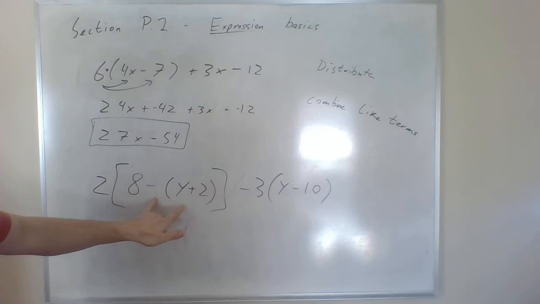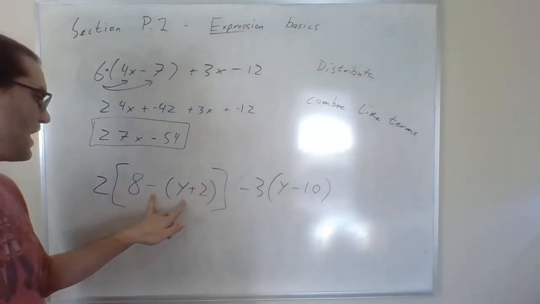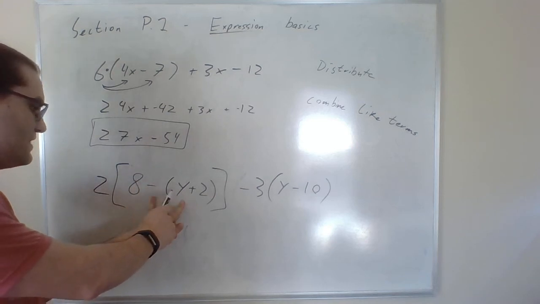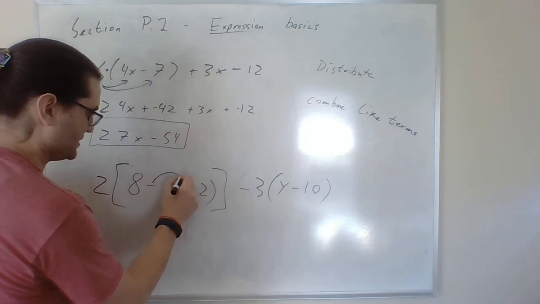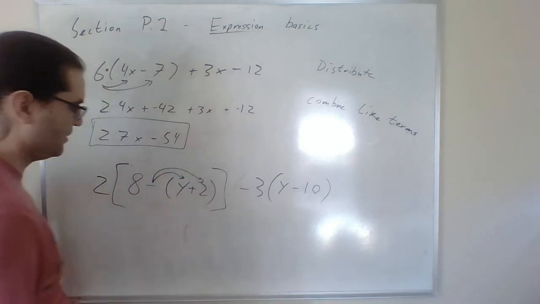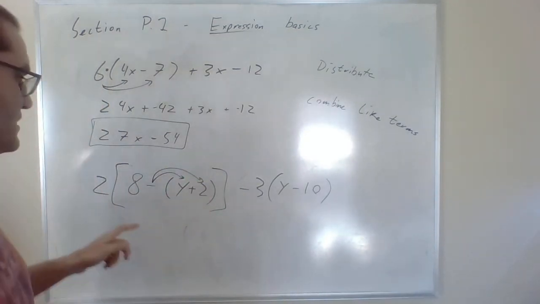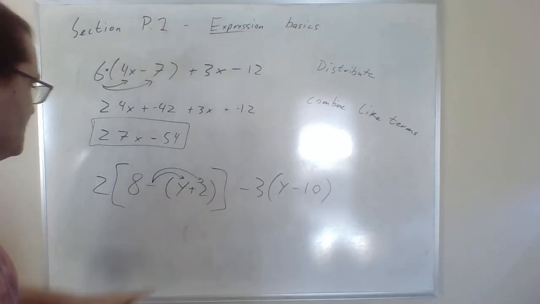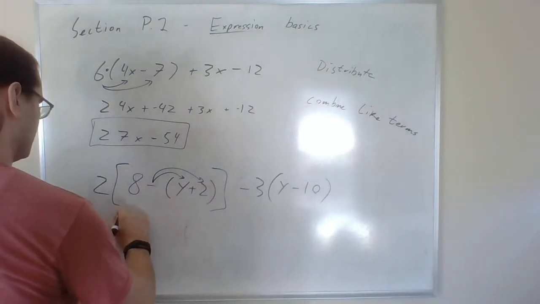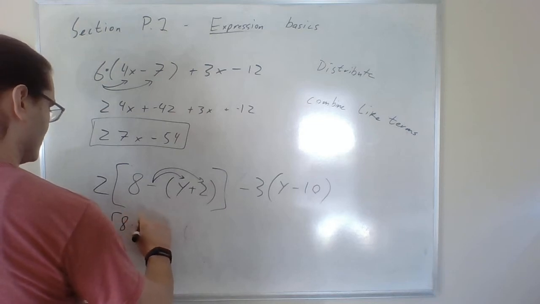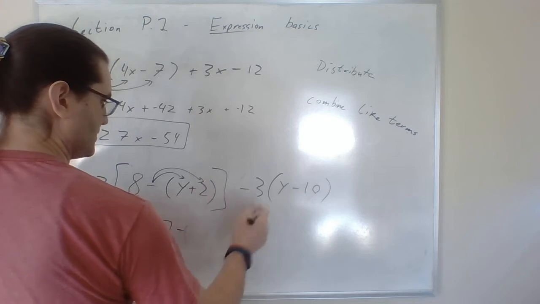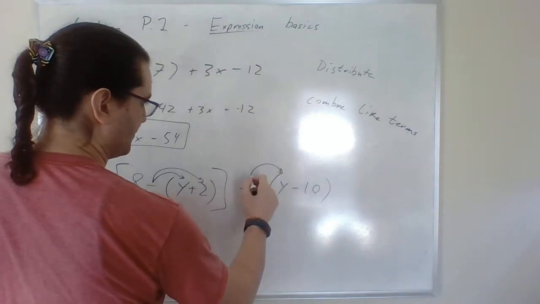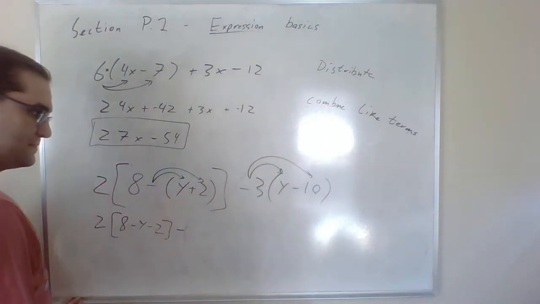So back to this one. I'm going to work from the inside out in this big set of parentheses here. I have a negative and then this y minus 2 piece. This counts as a distribution situation. So we have to distribute this negative sign to the y and the 2. So that will leave us with 2 times 8 minus y minus 2 minus, I'm going to distribute the negative 3 to these guys.